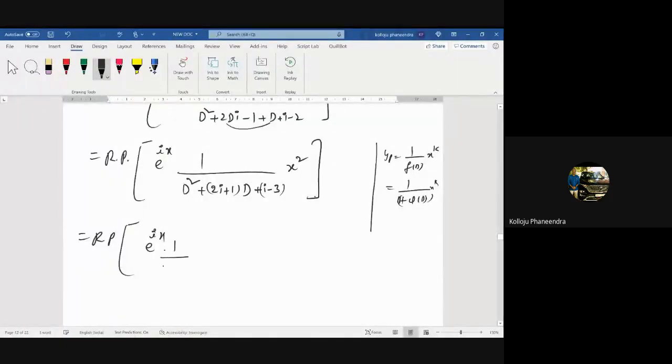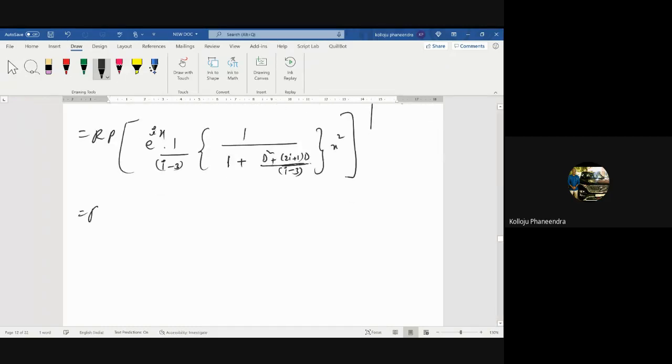That is what term? i minus 3 term common. So 1 by 1 plus D square 2i plus 1 by i minus 3, D. Sorry, wait. Whole by i minus 3, this is into x square.